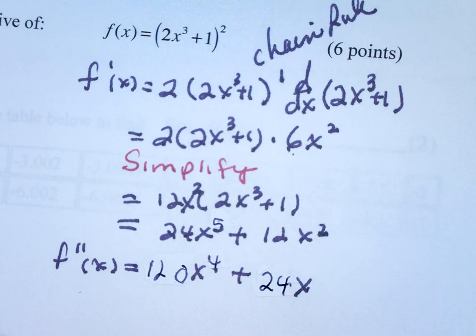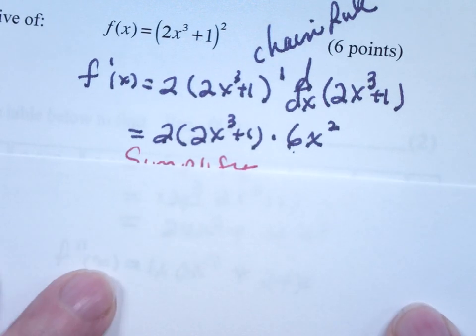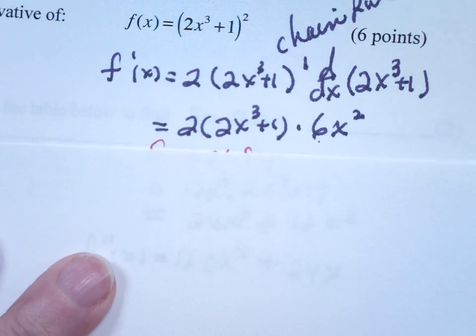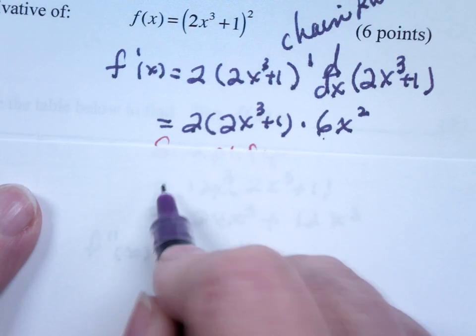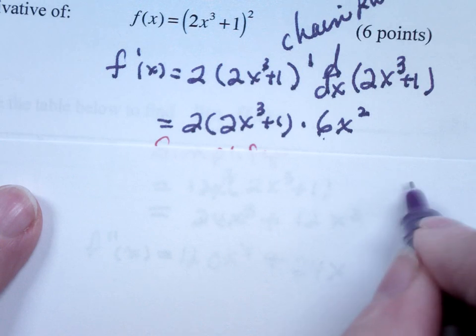Now, if you chose, by the way, I'm going to take a separate sheet of paper, to leave this as your first derivative, which is then what you have to do, then it becomes product rule.